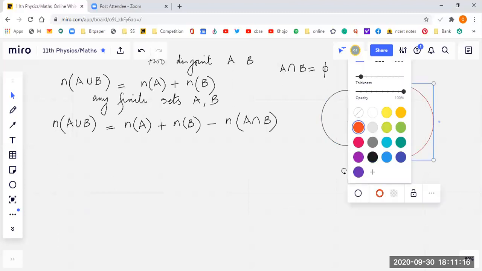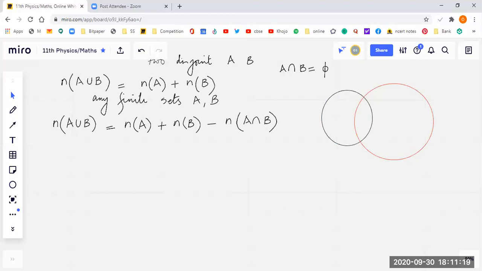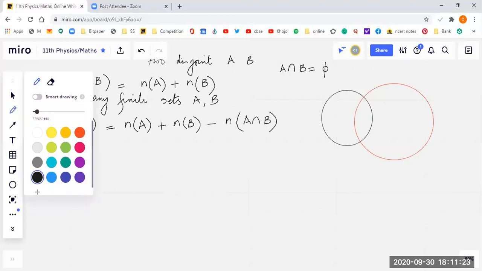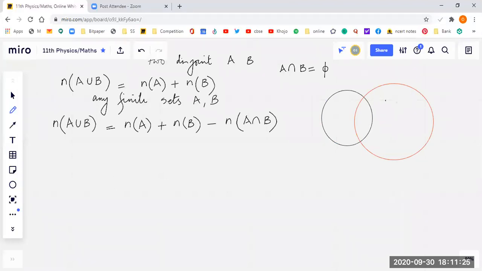So I will take its elements also in red color. So let's say set B has 2, 3, 4 elements, then 1 element, and set A has, let's say, 7, 8, and 1 element.